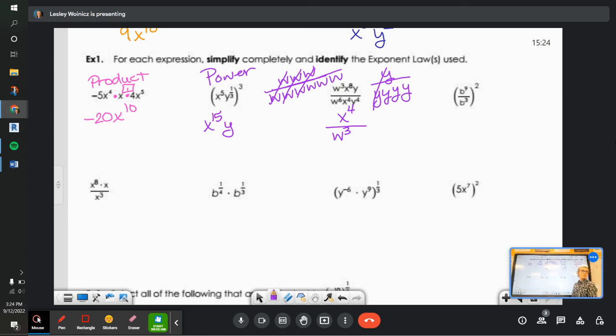I have y cubed left on the bottom. Which rule was that? I forgot to ask you. It was the quotient. Good.